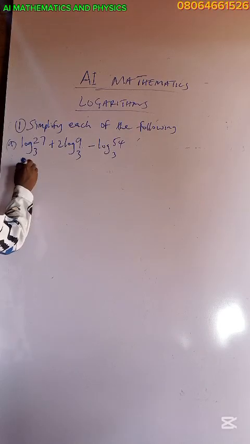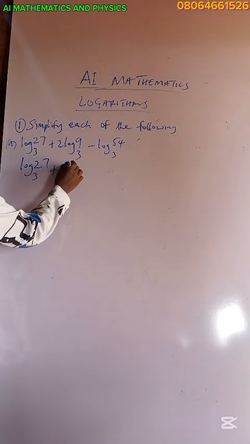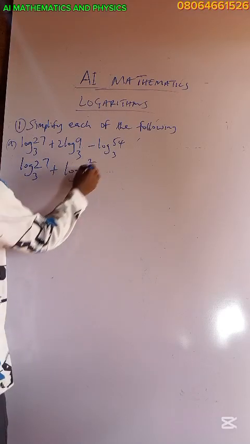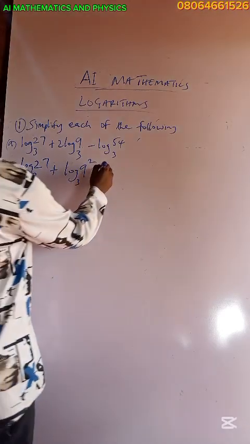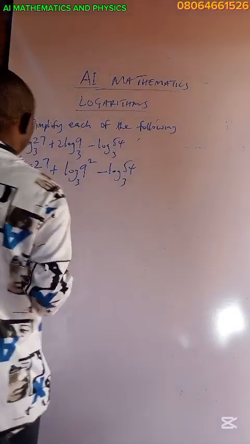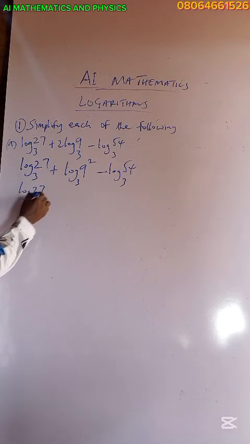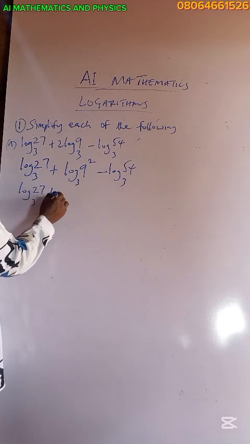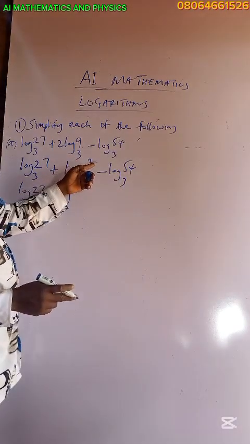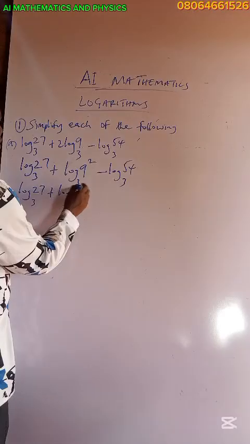Second step: log 27 base 3 plus log 9 raised to power 2 base 3 minus log 54 base 3. That's log 27 base 3 plus log 81 base 3 minus log 54 base 3. This one is not 9 times 2. 9 raised to power 2 means 9 times 9, that is 81.